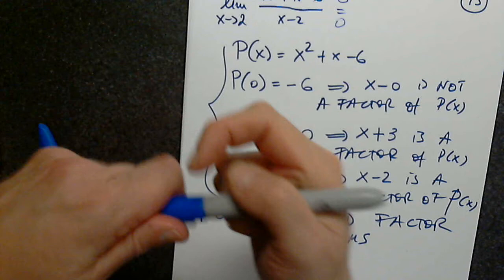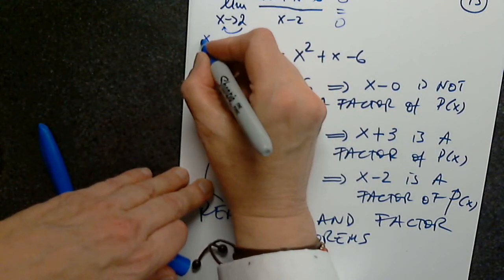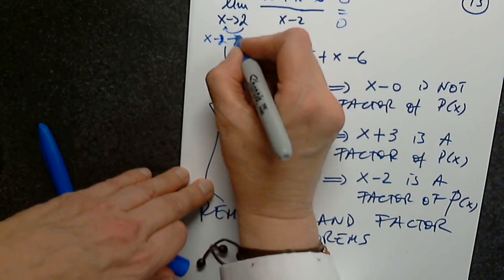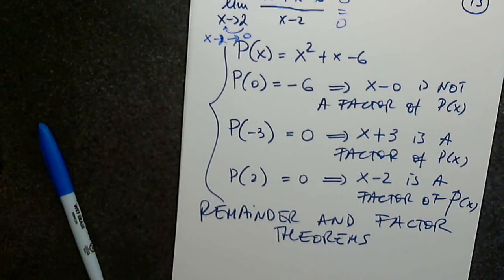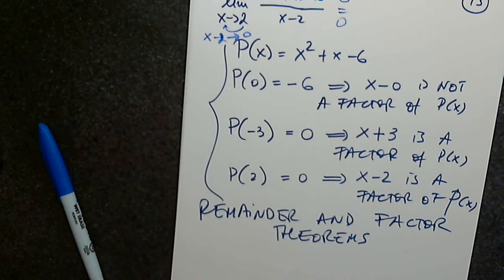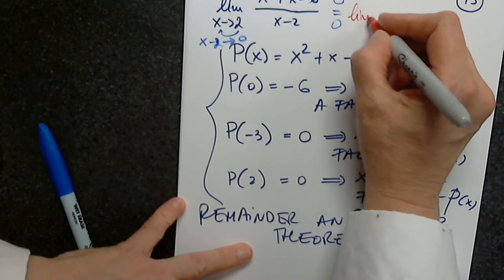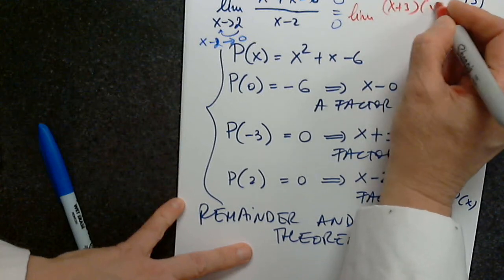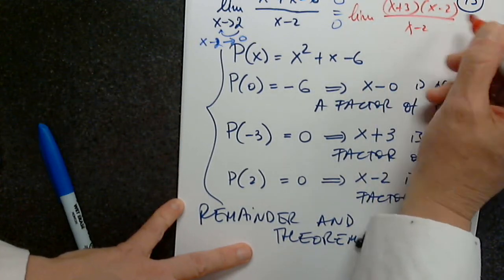The x minus 2 approaches 0. I know that x minus 2 is the problem. If I remove it from the top and if I remove it from the denominator, I get a limit, hopefully, because I can still have a 0 left in the denominator. So I don't know, and not in this case. So then I know that this is limit of x plus 3 and x minus 2 over x minus 2.